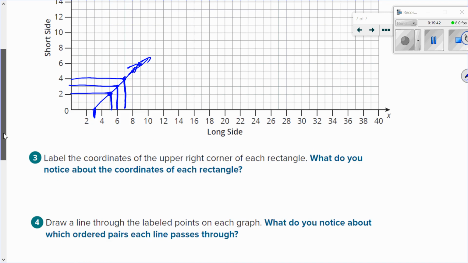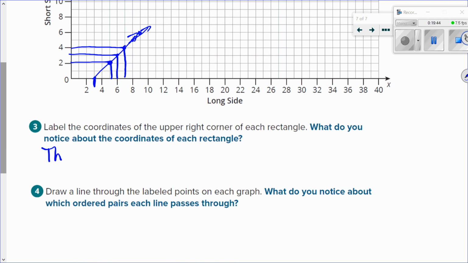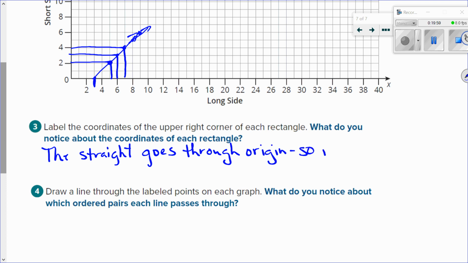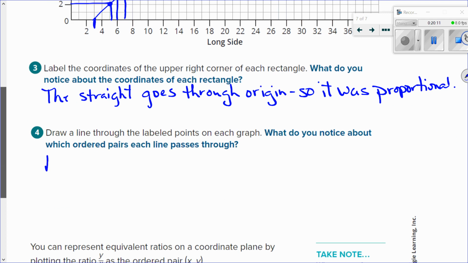So when we look at this, the straight line goes through the origin. And we haven't really talked about this, but here is the term we need. It was proportional. The straight line through his? Yes. Oh, thank you.